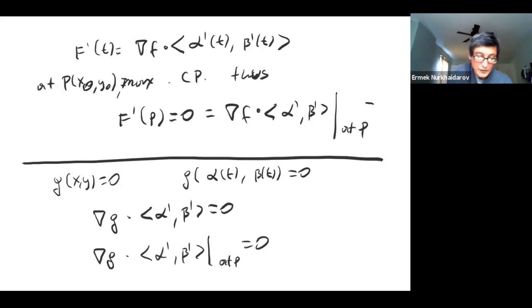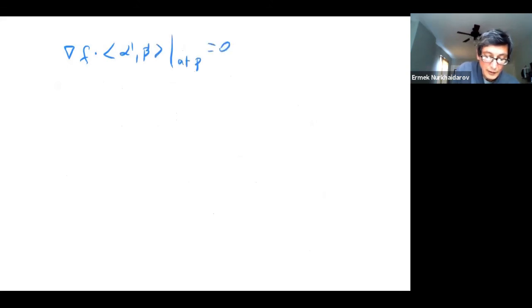Now, if I look at these two pieces of information, let me write it one more time. Gradient f times (alpha prime, beta prime) at point P equals 0, and gradient g times (alpha prime, beta prime) at P equals 0.